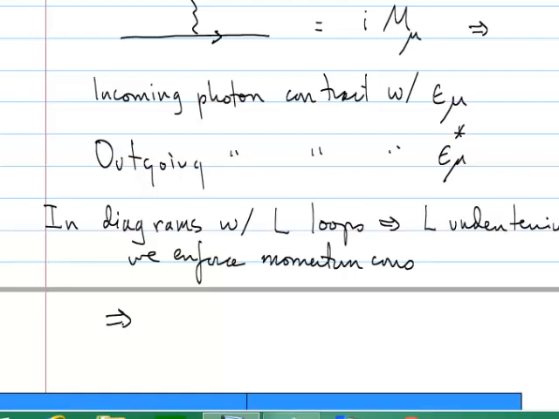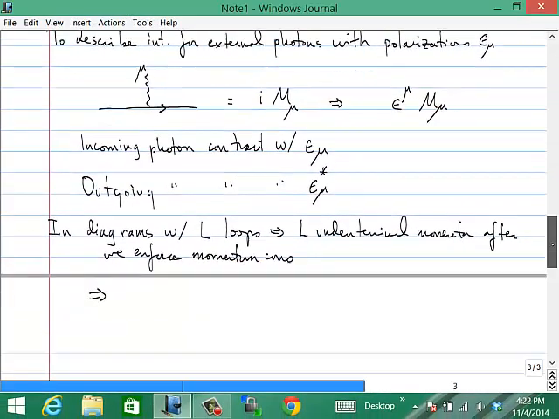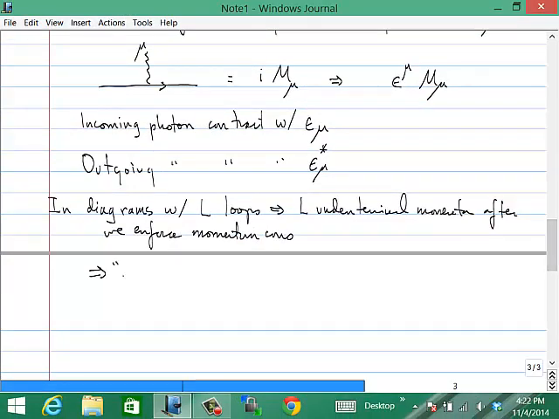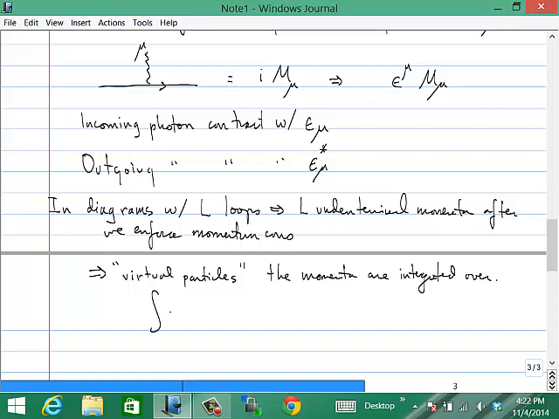The momenta of these internal particles that are not observed, that appear in loops, are virtual particles. And the momenta should be integrated over. In particular, the four-momenta should be integrated over.